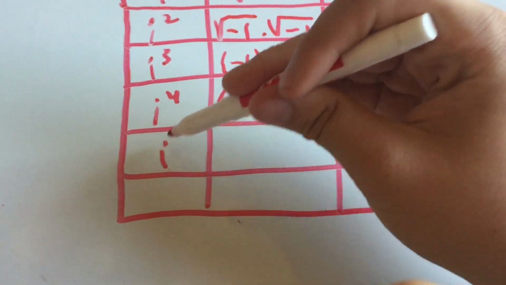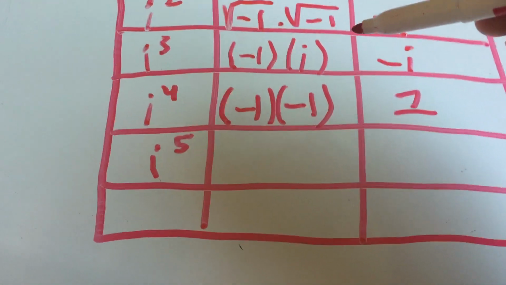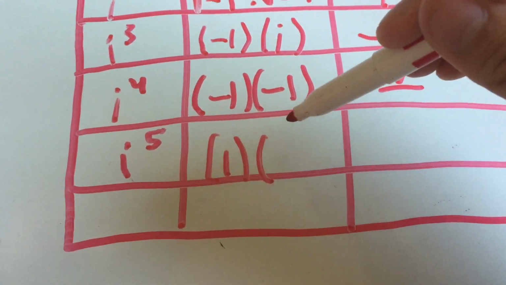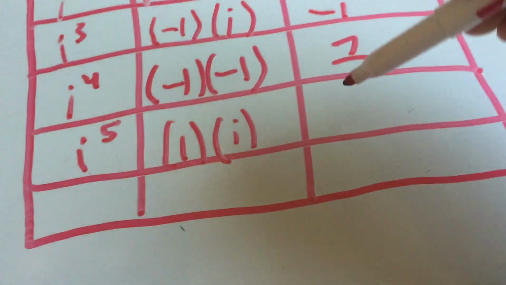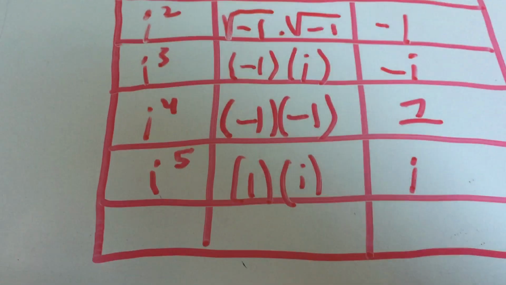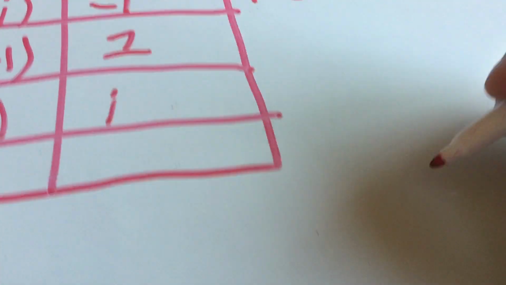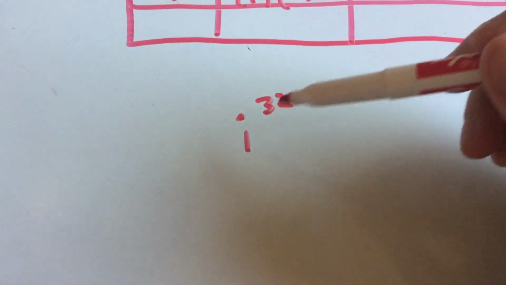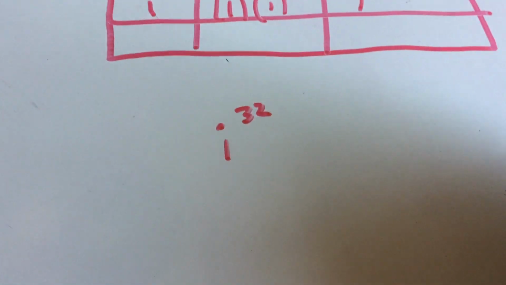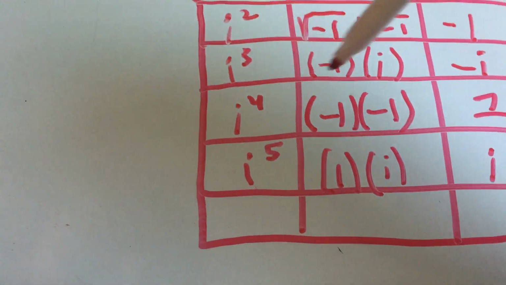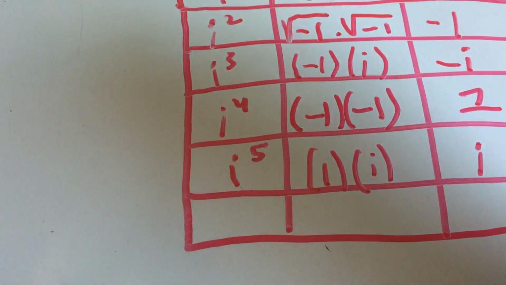What about i to the 5? You can write it as 1 times i, back to i. So the reason we divide by 4, for example with i to the power of 32, is that it's a cycle of the powers of i.